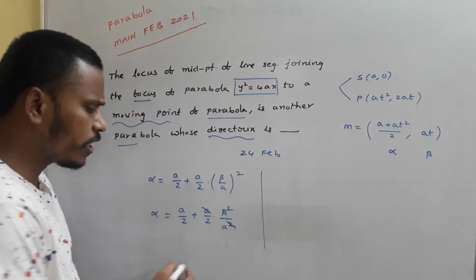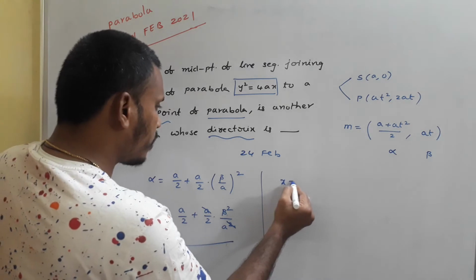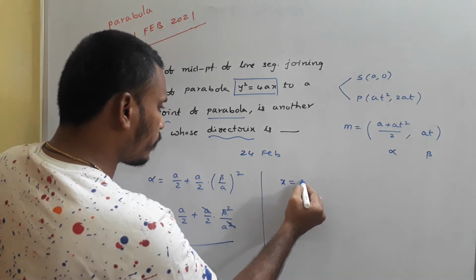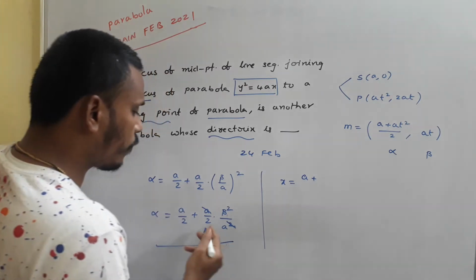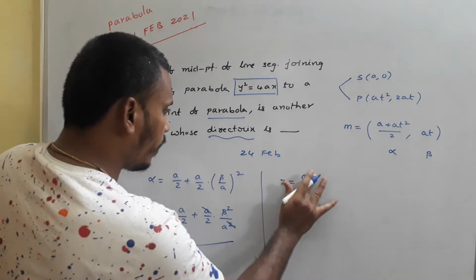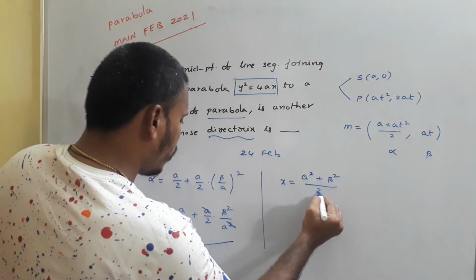Since it is a locus of (alpha, beta), if we generalize, x equals a/2 plus y square by 2a. Otherwise, if you take the LCM as 2a, we get a square plus beta square by 2a.